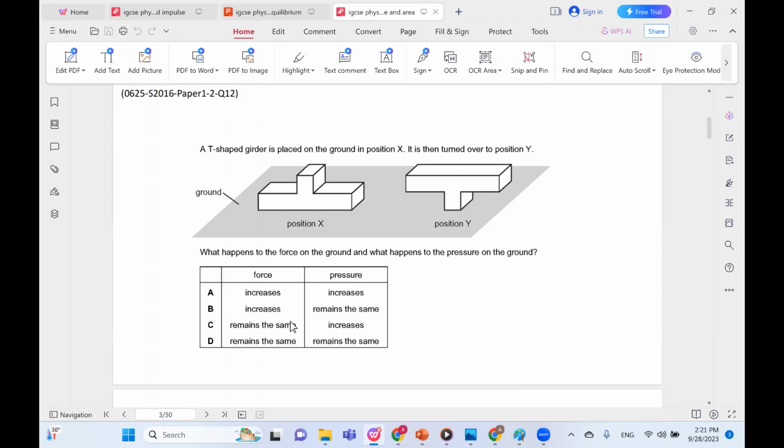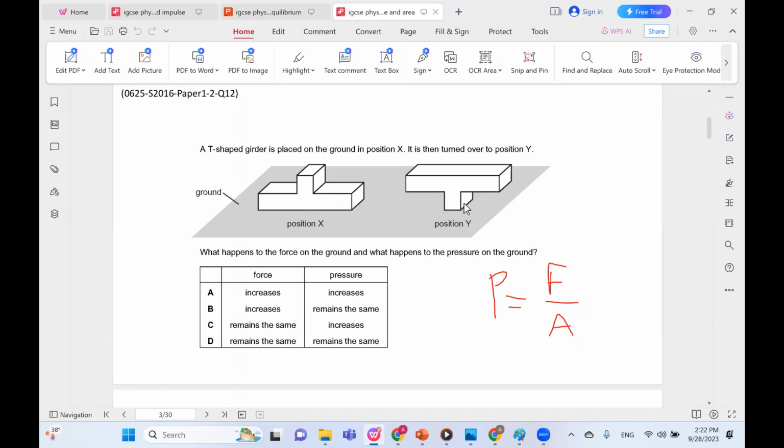However, the pressure is equal to the force over area. So the equation we will need in this topic is that pressure equals force over area. In position Y, the area of contact with the ground is much smaller than in position X, because in position X, the girder has a lot of its area in contact with the ground.